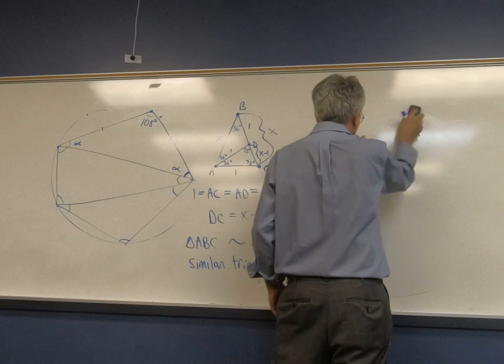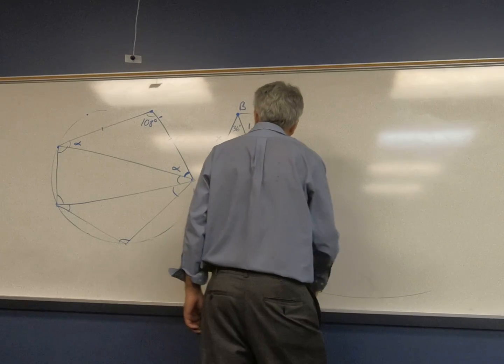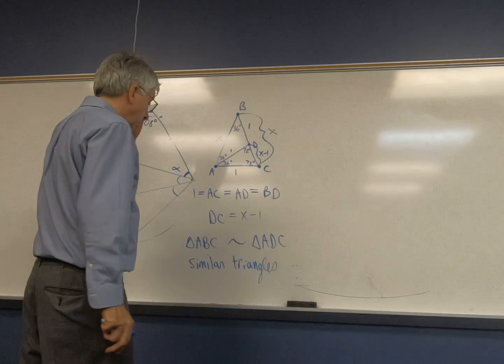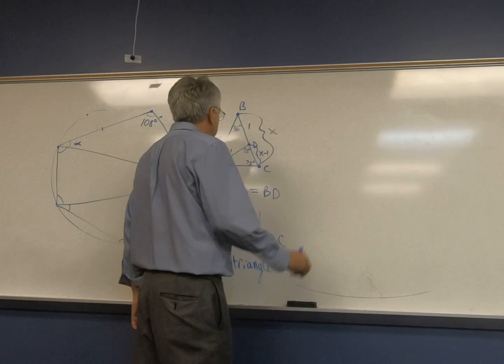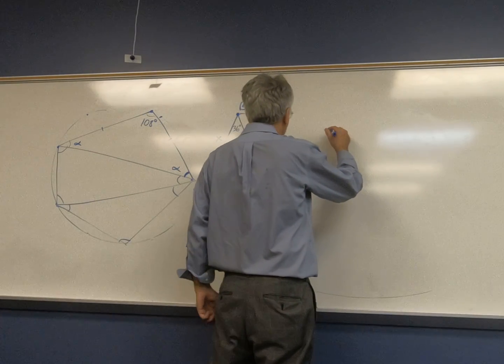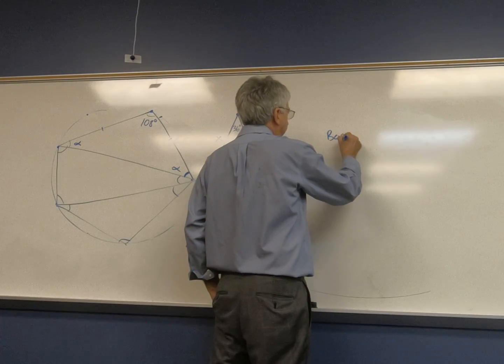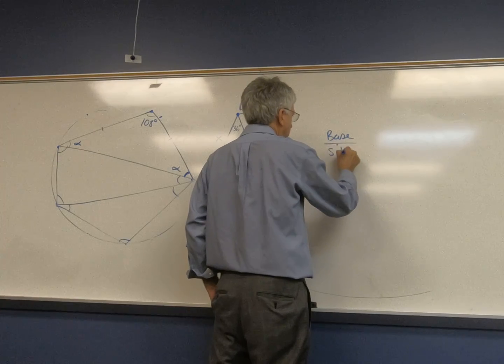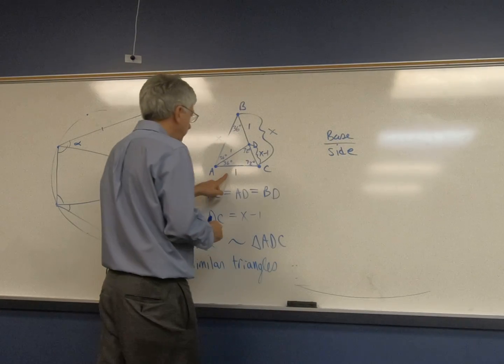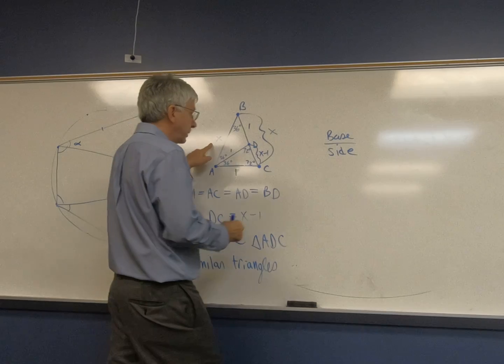And so what proportion can I write? Well, I can say base to side. So the base of the big one is 1, and the side of the big one is x.